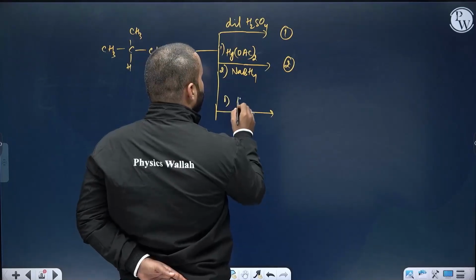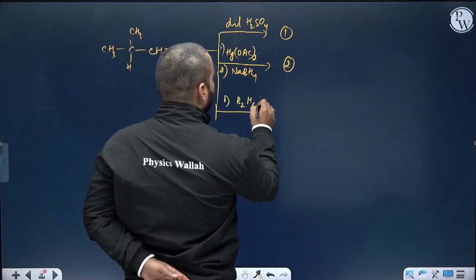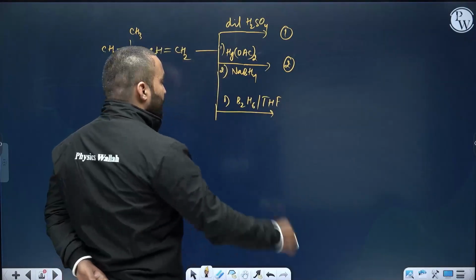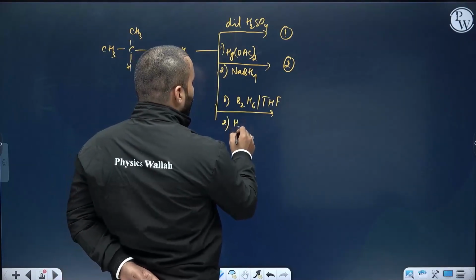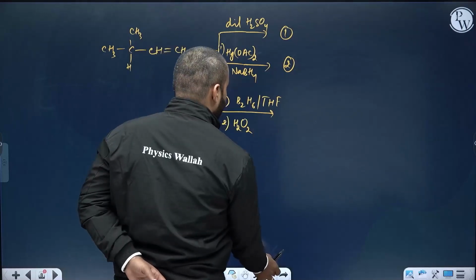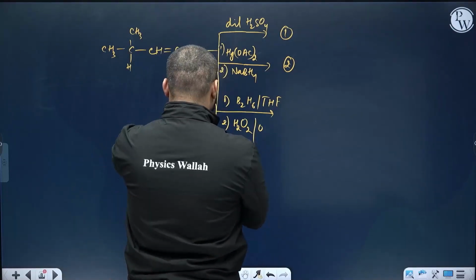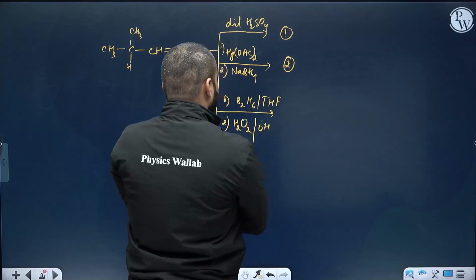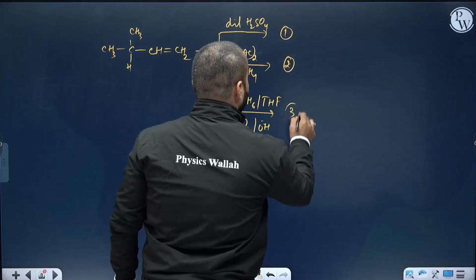Reagent number 1, B2H6 taken in THF. You can take help from your notes, everybody, and then answer in basic medium with the help of H2O2, OH minus. Okay, product number 3.